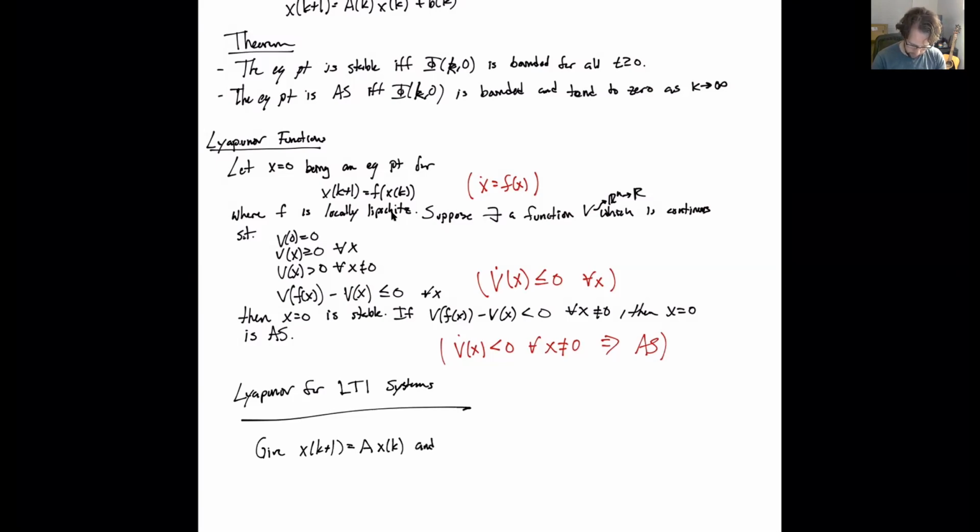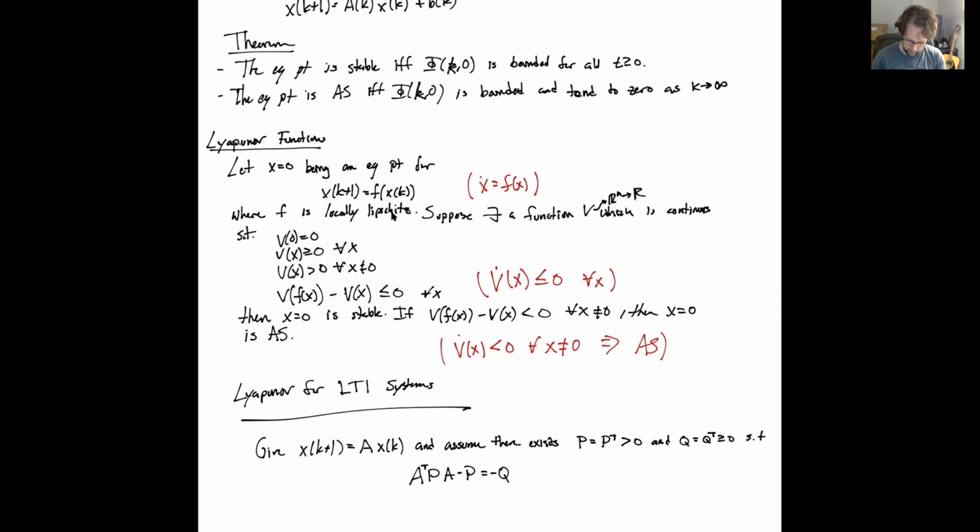and assume there exist two matrices, P equal to P transpose, positive definite, and Q equal to Q transpose, positive semi-definite, such that this expression is true, okay?